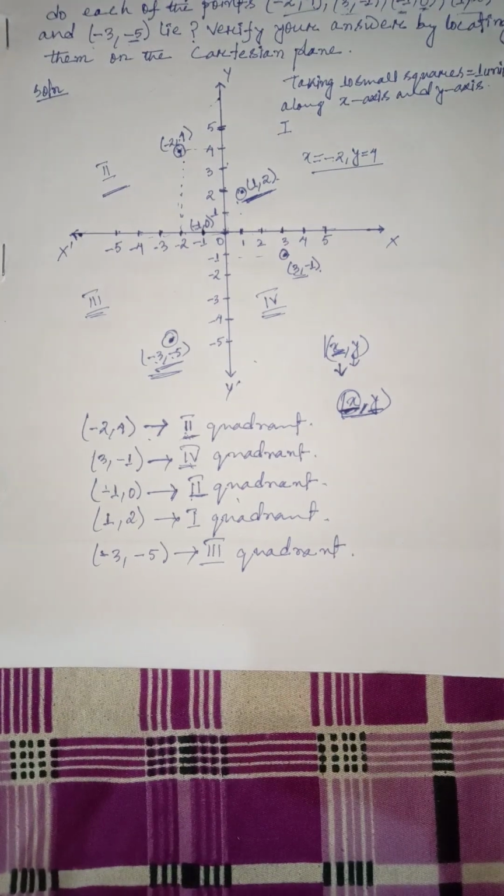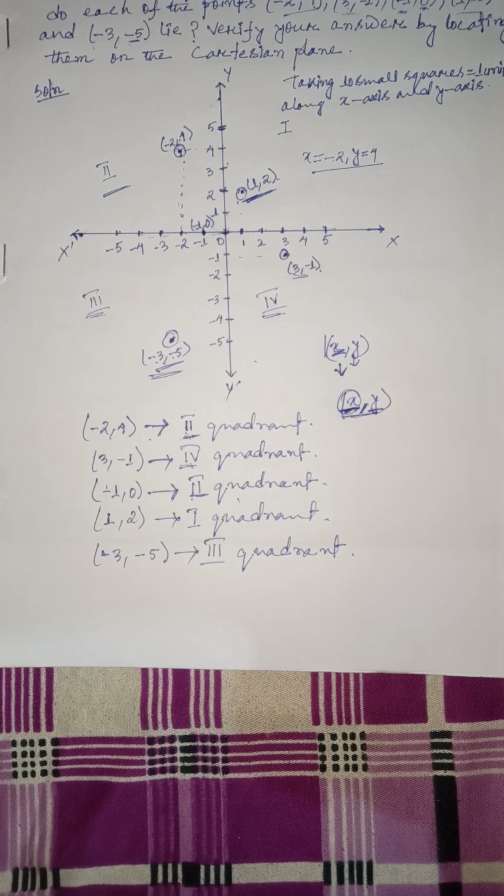Thus, we identify all the points, or we plot all the points, using this system in the Cartesian plane, right? First of all, you take x, and then second, you take y.